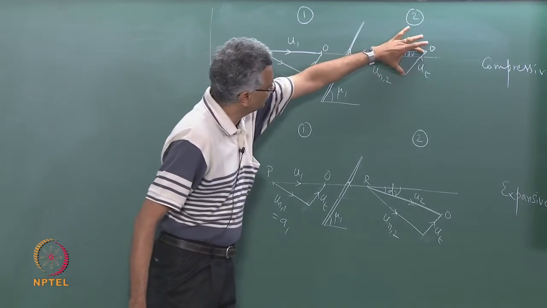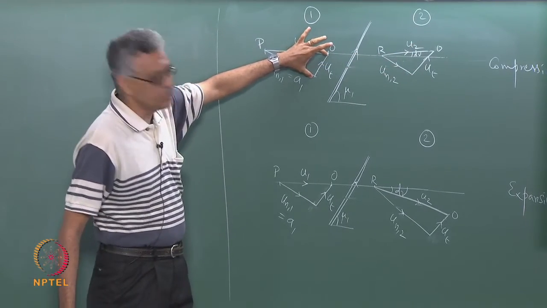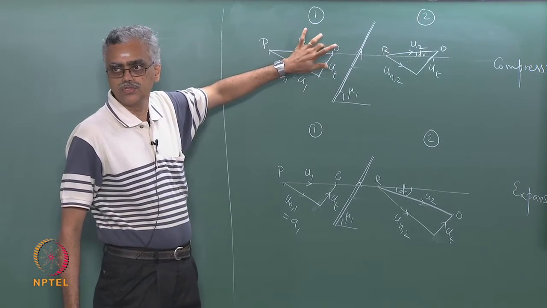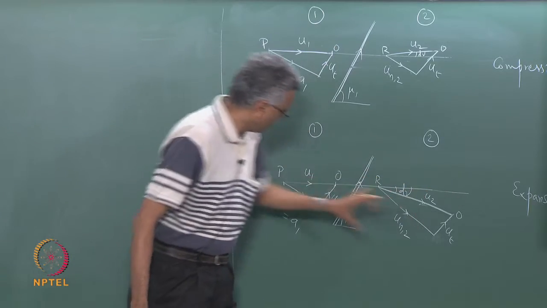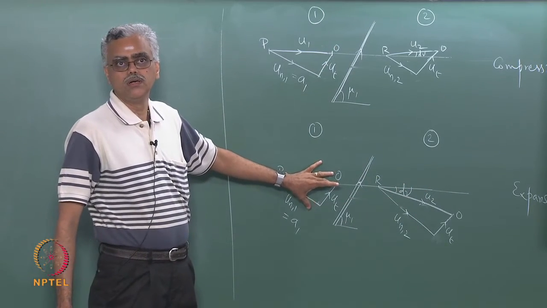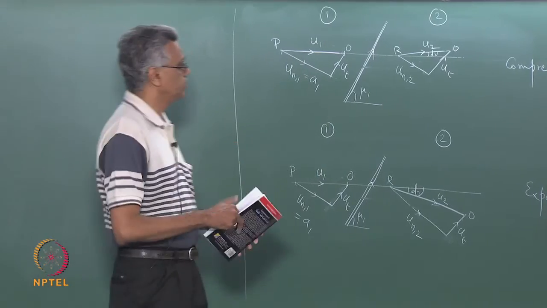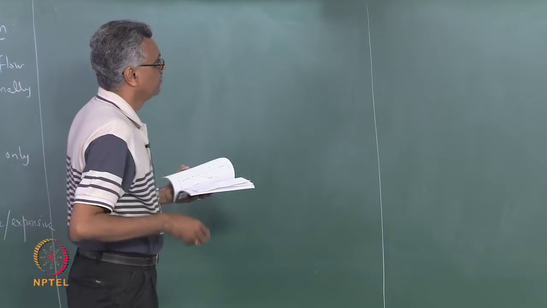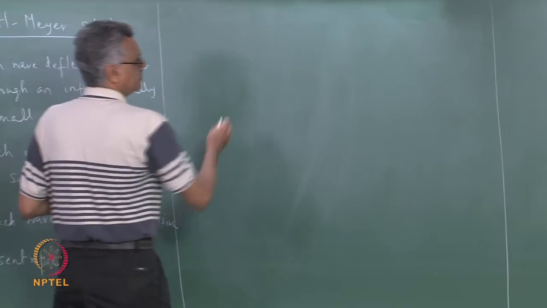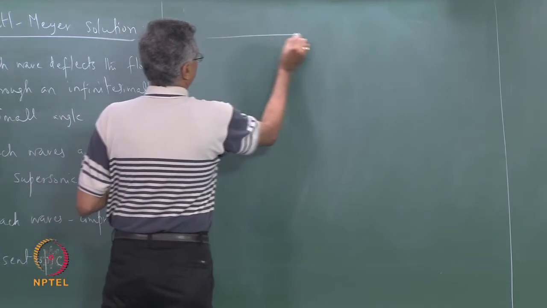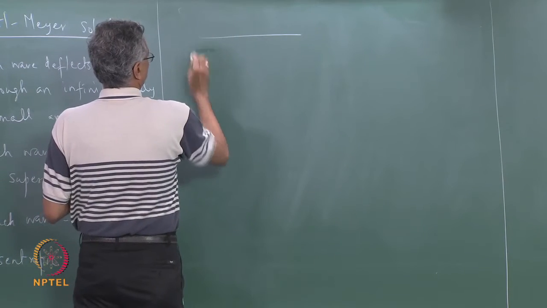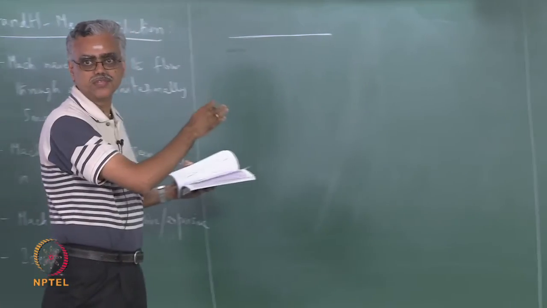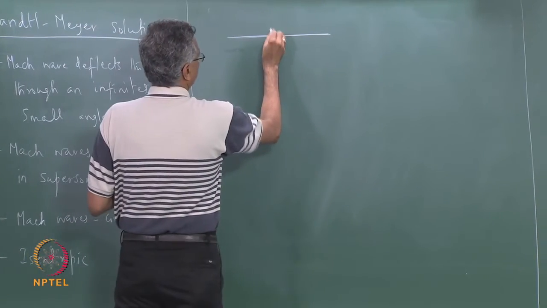So I am going to take this side and make it coincide with this side. So I am going to combine these two into a single triangle for this solution. I am going to do the same thing for this solution also and draw a composite triangle, right. Let us do that. I am enlarging this so that things are clear, okay. I am not drawing it to the same size as the other one. I am enlarging it so that things will become very clear.